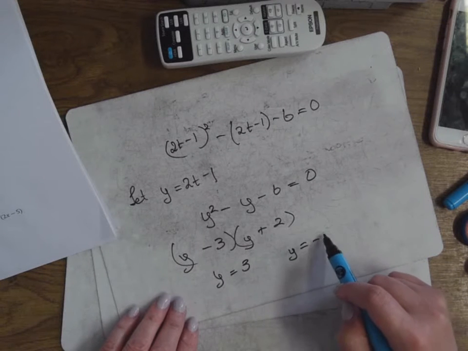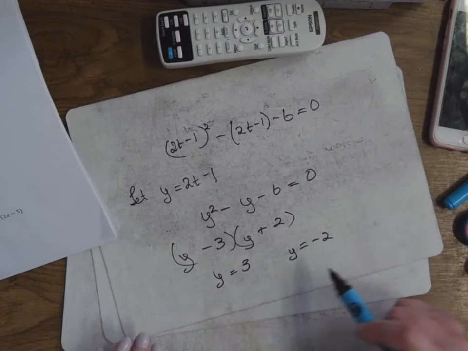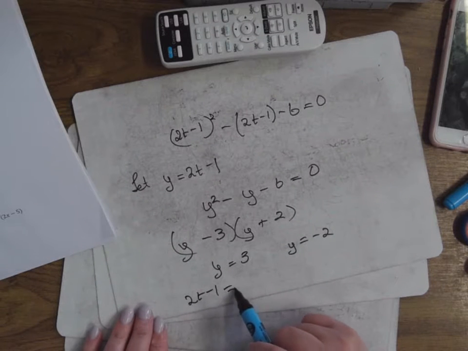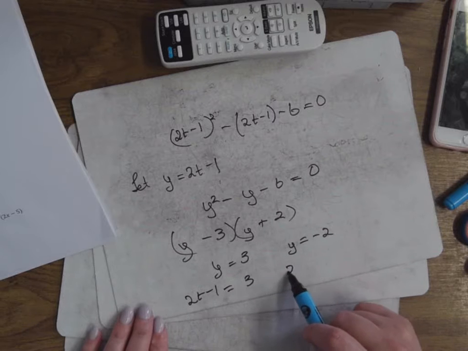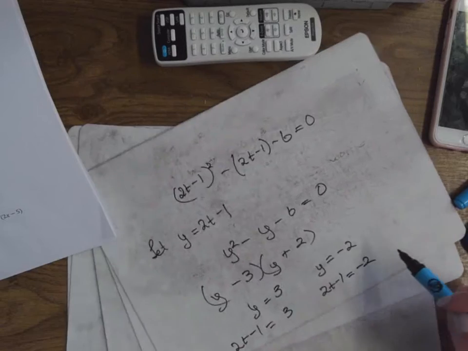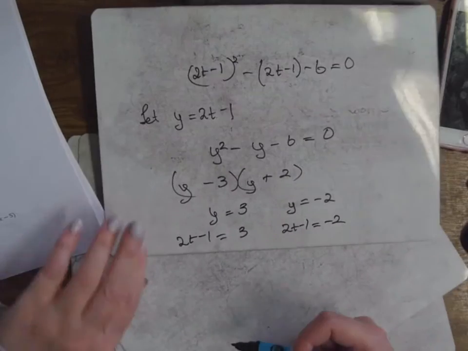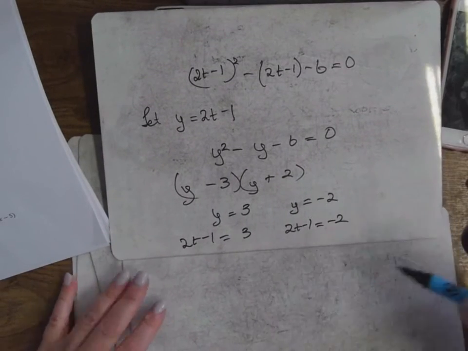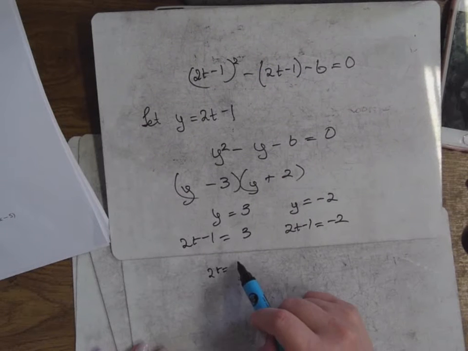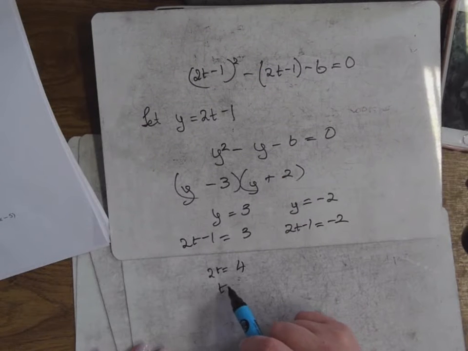Now if you use substitution, you need to substitute back then. So 2t minus 1 is equal to 3, or 2t minus 1 is equal to minus 2. Solving here, we end up with 2t equals 4, so t is equal to 2.